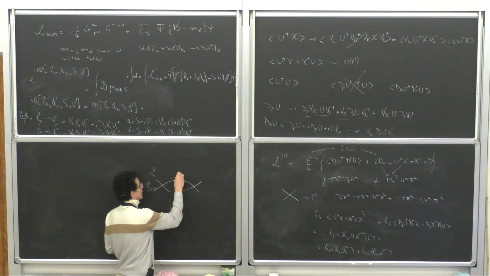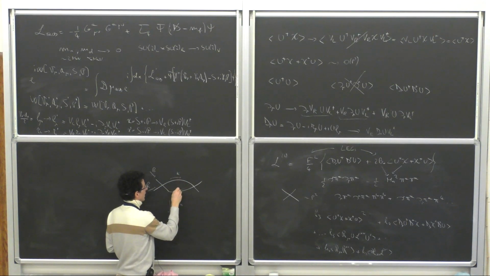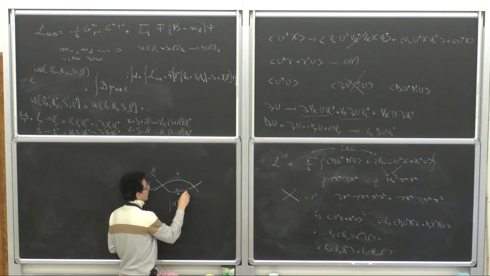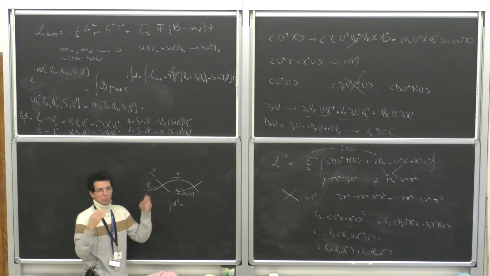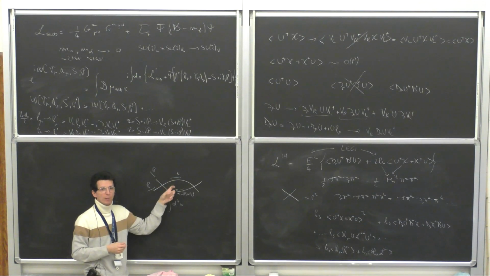Let us call this k. Then this one will be k minus p1 plus p2 because of momentum conservation. So in this loop you have 2 pion propagators.